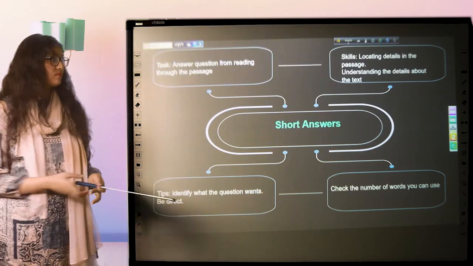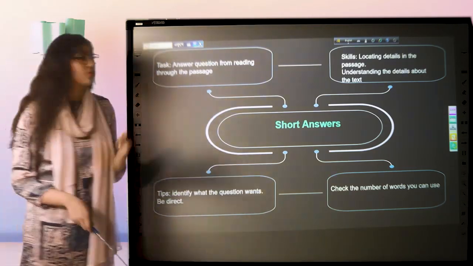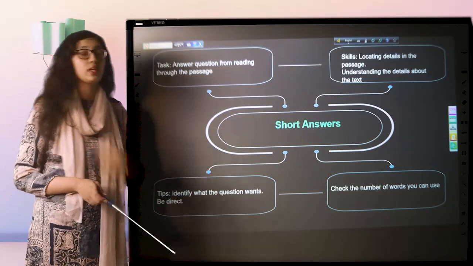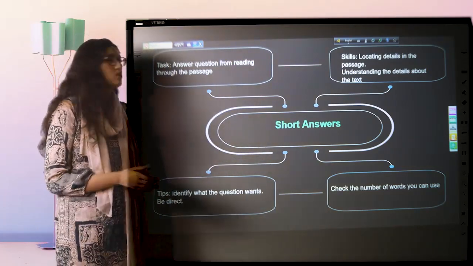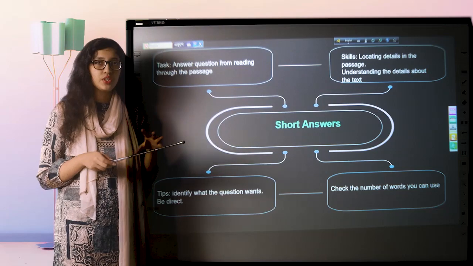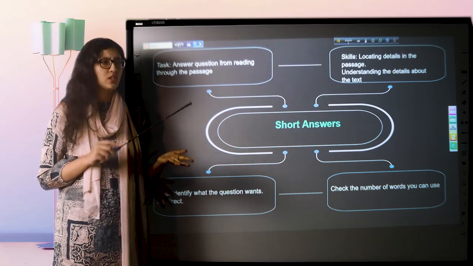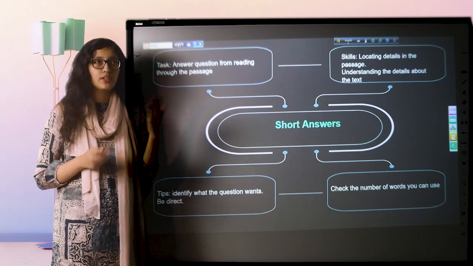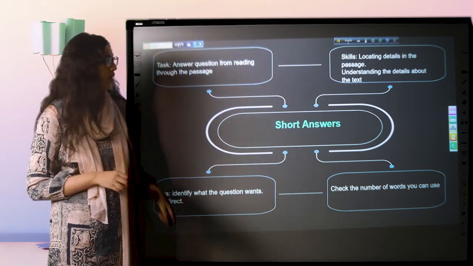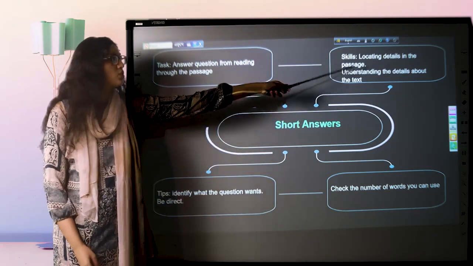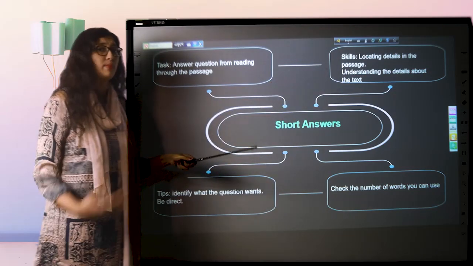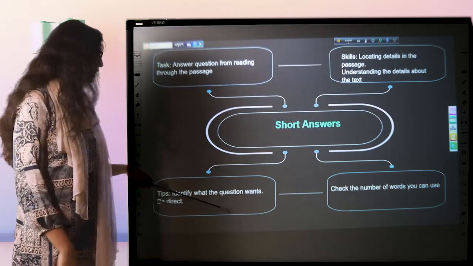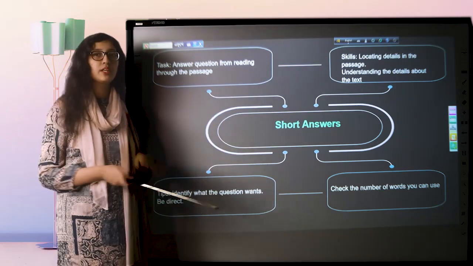Okay. Now, the next type of question to expect in the IELTS reading module is short answer. You're going to be given a question, and they're going to give you a word limit, either 2 or 3 words, so you need to answer using either 2 words or 3 words, okay? You need to be able to locate details of the passage, understand what the passage is trying to say, identify what the question wants, and be direct.